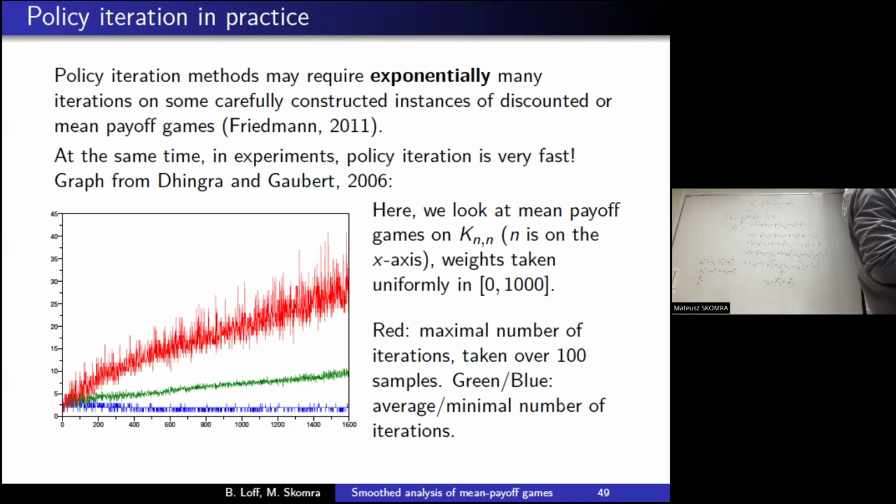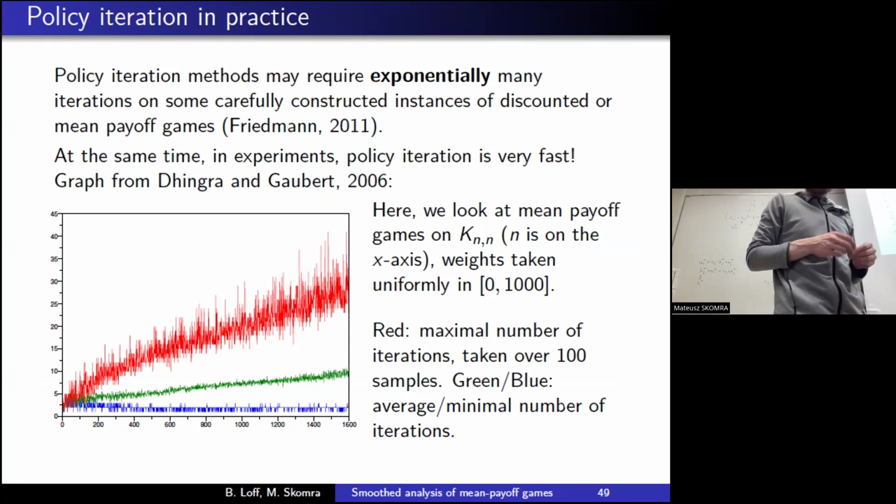It's an old story, because for linear programming it goes back to the 60s, by Klee and Minty and so on. But the modern era started with Friedman. And nowadays it's a whole domain where people find counterexamples to different policy iteration rules for simplex or for policy iteration, but for games.